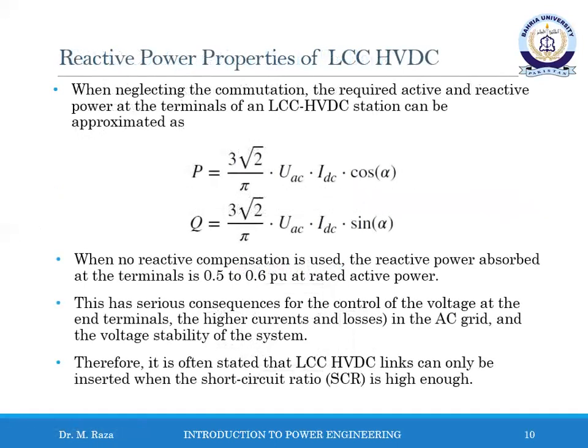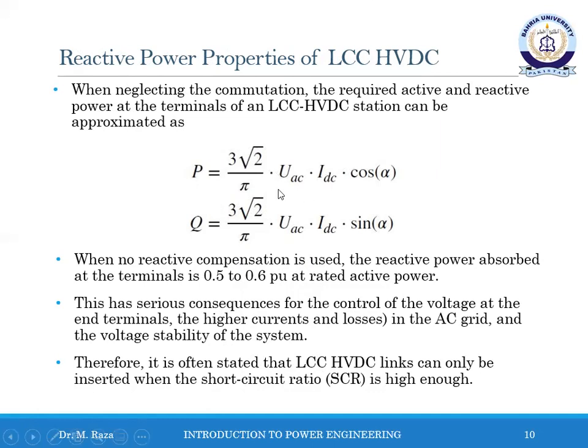When neglecting the commutation, the required active and reactive power at the terminals of an LCC HVDC station can be approximated as written in these equations. Here, P and Q are the active and reactive power of the converter, UAC is the RMS AC voltage, IDC is the DC current, where the firing angle alpha of a rectifier should be replaced with the extinction angle gamma at the inverter side.